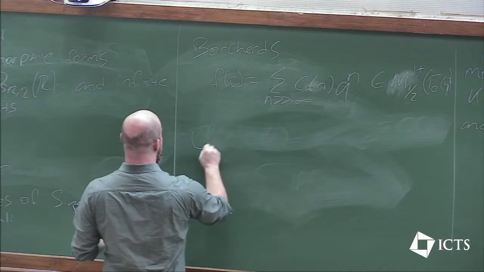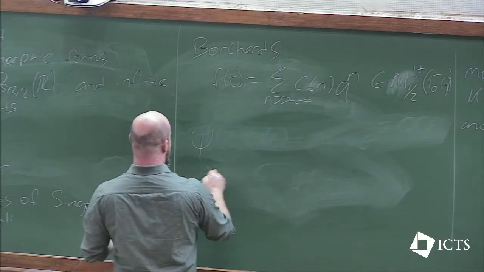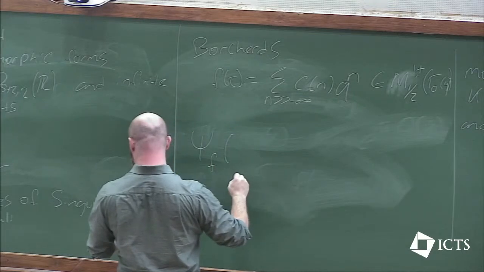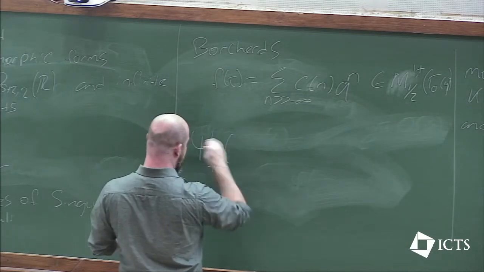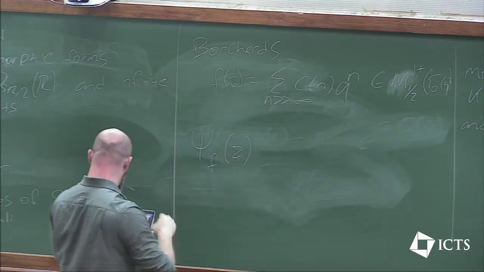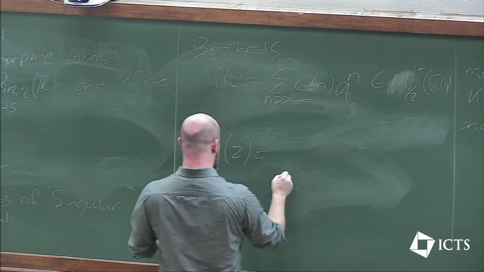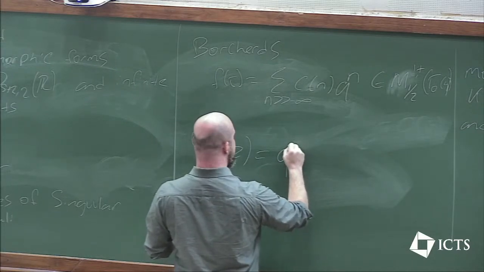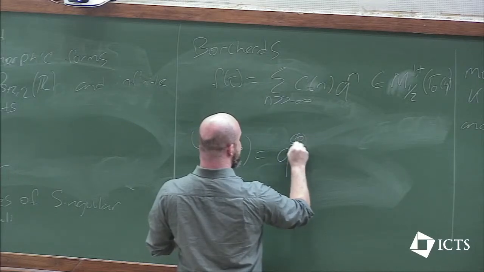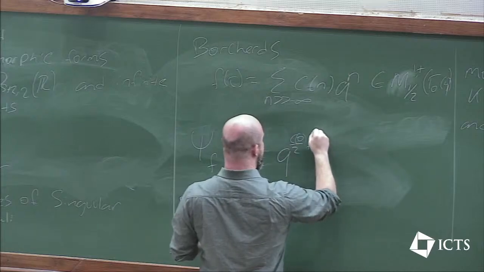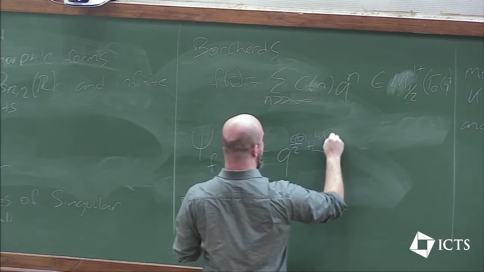So Borcherds defines this function psi of f, say psi f of z here. And what we end up getting here is a coefficient of q out front. So this is c of 0 over 2 plus another term here. I'm just going to call this w of f for the moment.